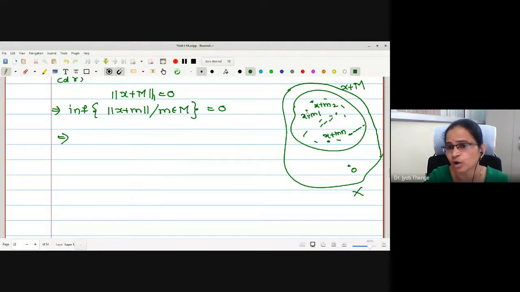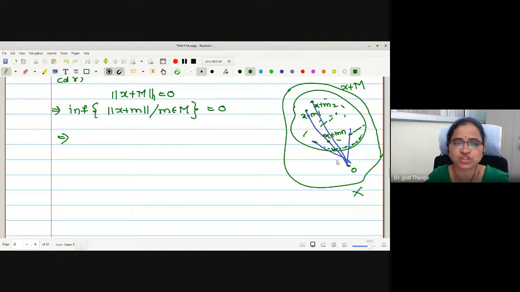Then to find out norm 1 of x plus m, what we have to do? We have to join this x plus m1 with 0, this x plus m2 with 0, x plus m3 with 0, like this, right? Then whichever is giving us, we were assuming that the infimum is 0. Means there are few elements, I can say at the boundary, those are converging to 0.